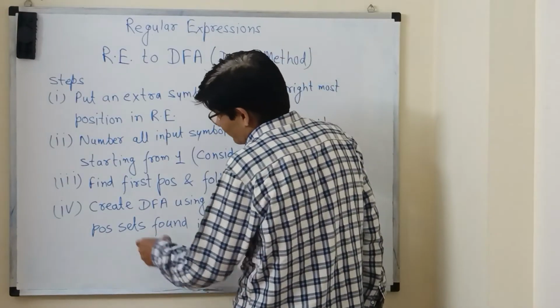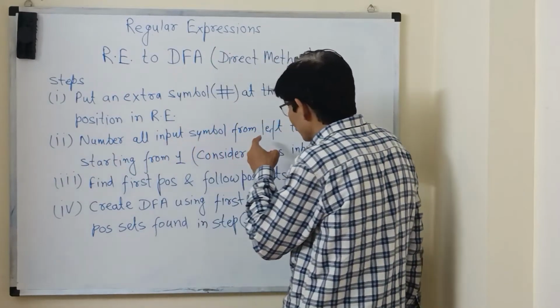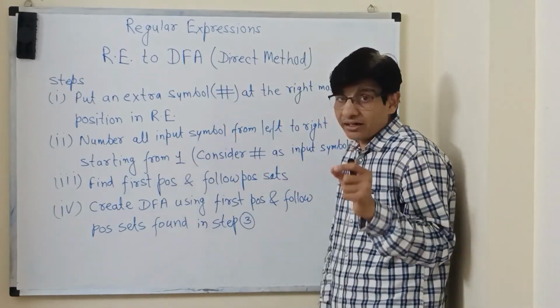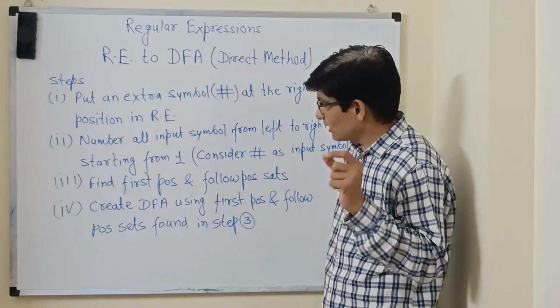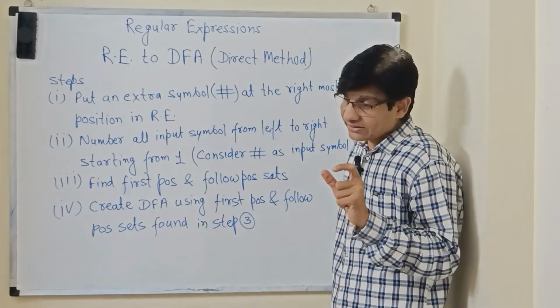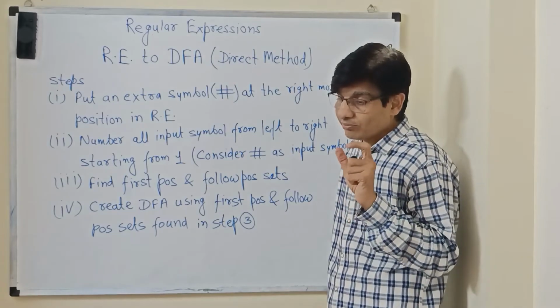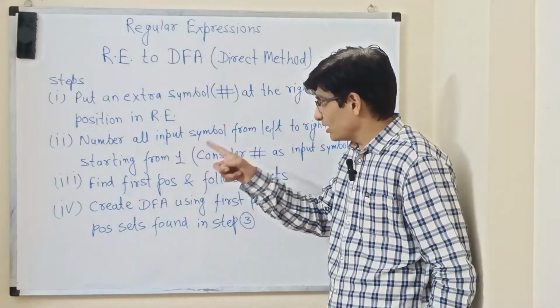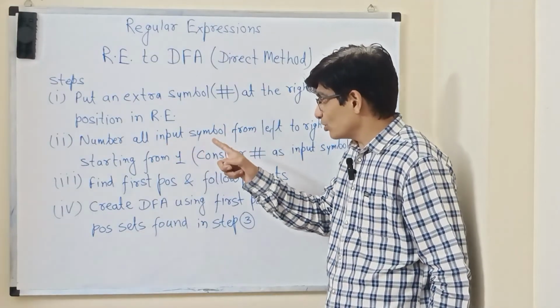Then second step: number all the input symbols from left to right starting from 1. Remember friends, you don't need to number operators. I am talking only about input symbols.